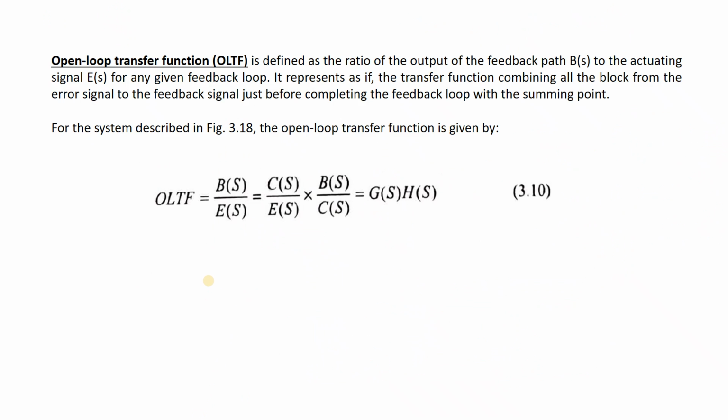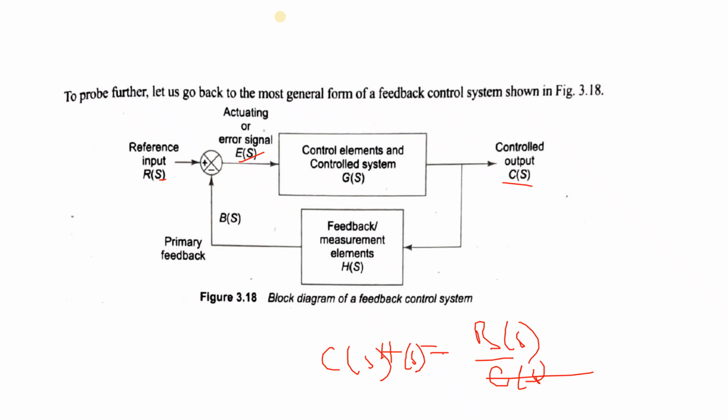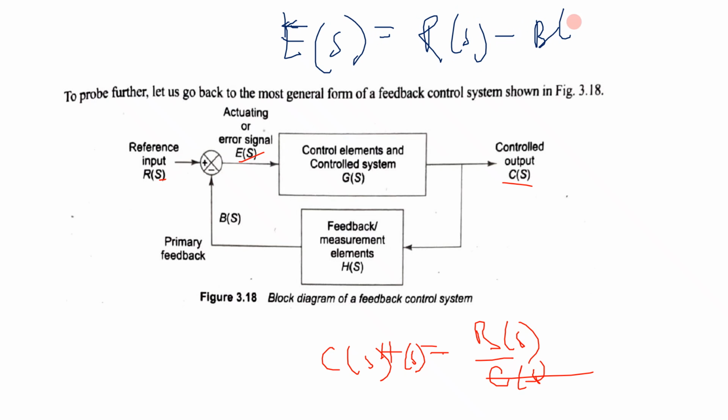Here the summation point is such that the error signal is equal to RS minus BS. Now it is not always compulsory, because this feedback may get added also.